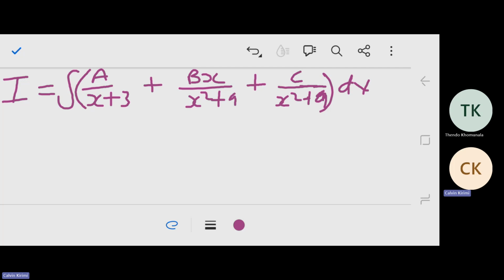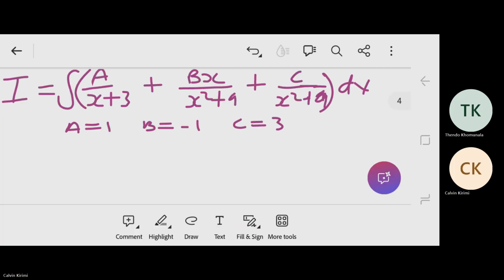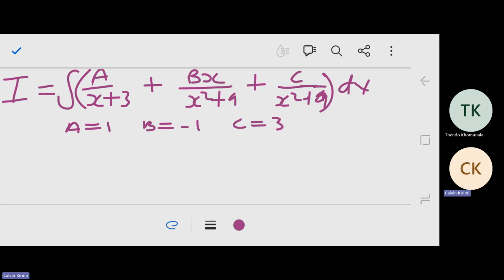So just for recap, our A was equal to 1, B was equal to -1, and our C was equal to 3. That's for recap, so that we know we are on the same page.